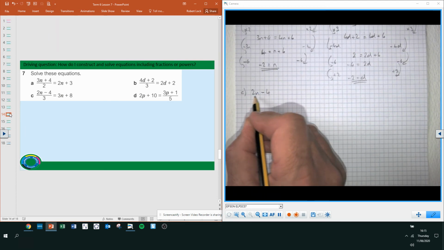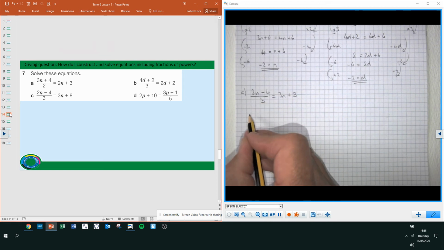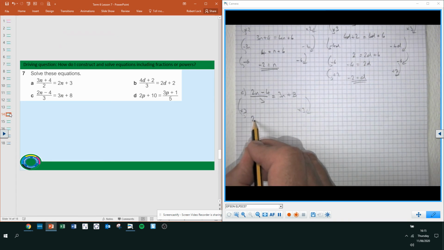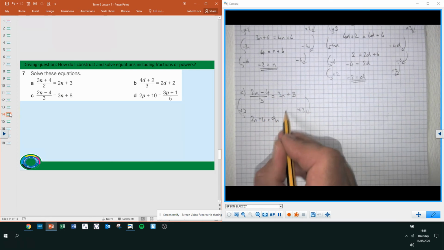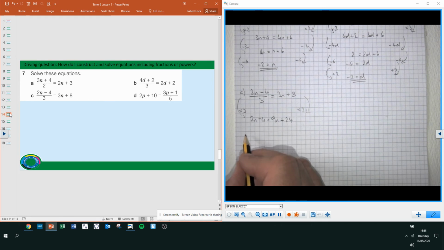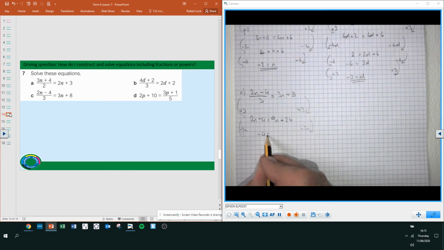2n minus 4 over 3 equals 3n plus 8, times everything by the 3. So 2n minus 4 equals 3 times 3 is 9, so it's 9n plus 3 times 8 is 24. So 2n minus 4 equals 9n plus 24. Most of the n's are this side, so let's take away 2n on both sides. Minus 4 equals 7n take away 2n is 7n plus 24.